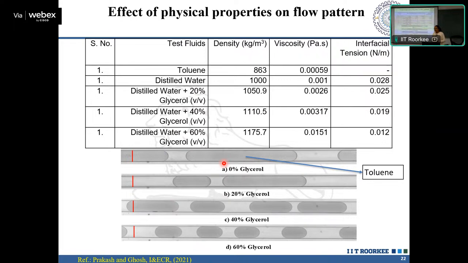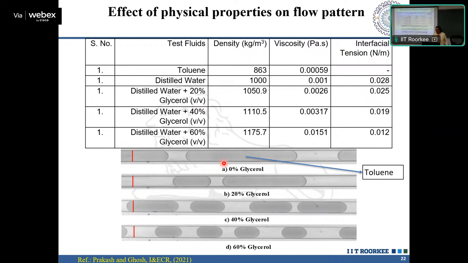So the continuous phase is actually getting more viscous, and the interfacial tension between the phases is reduced. So what will be the effect of it? The slug length is gradually reducing. Since we have reduced the interfacial tension, it is easier to form the slug.